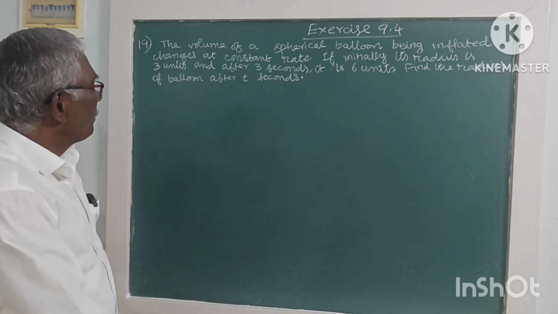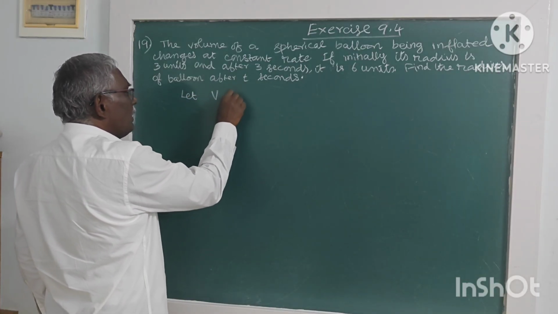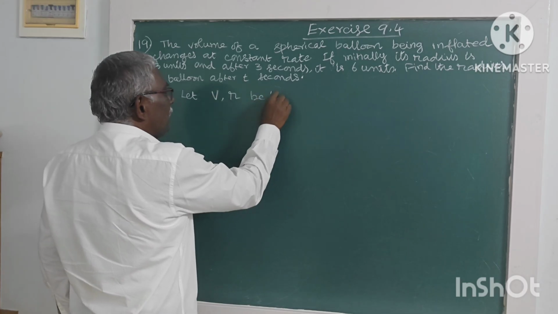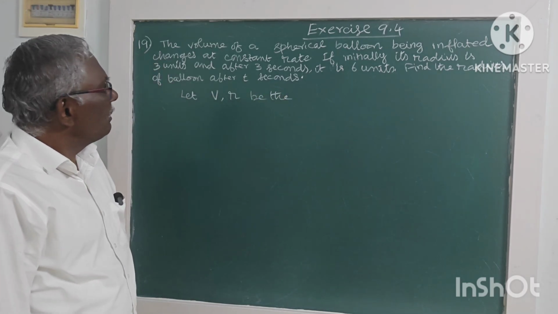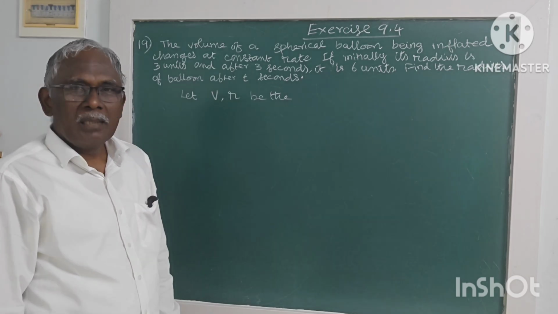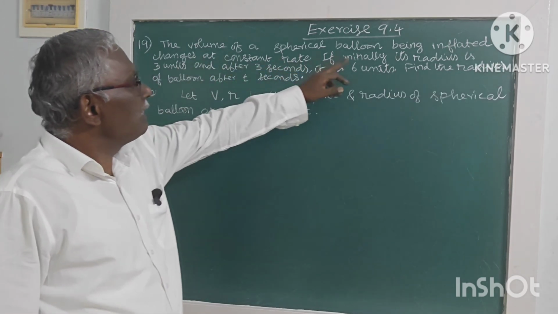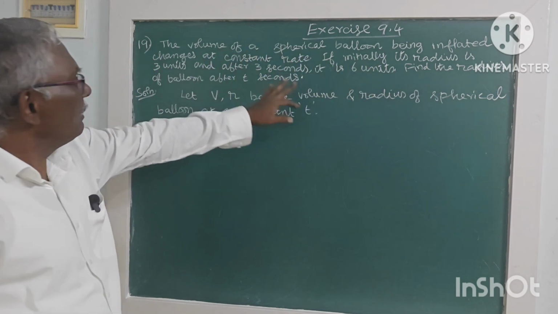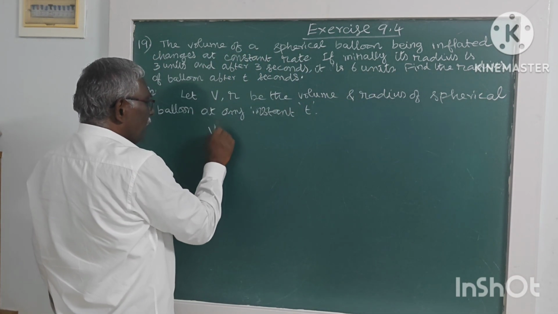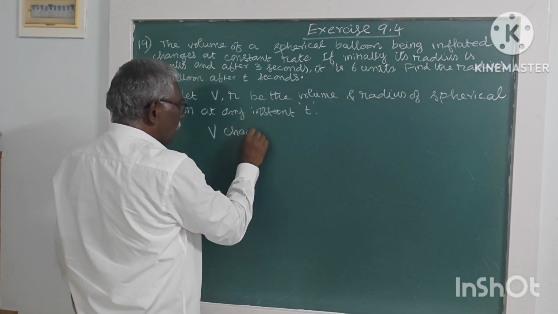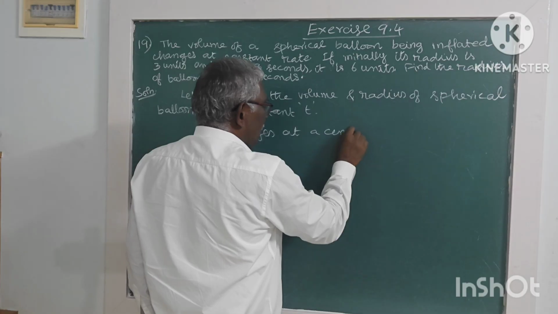So let V and r be the volume and radius of the spherical balloon at any instant t. Volume changes at a constant rate.